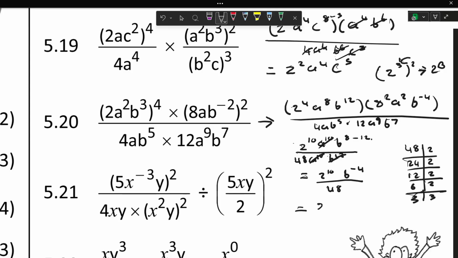So this is now going to be 2 to the 10, b to the negative 4, over 2 to the 4 times 3. And then that'll be 10 minus 4, so it's going to be 2 to the 6 over b to the 4 times 3. And then that simplifies into whatever 2 to the 6 is over this.